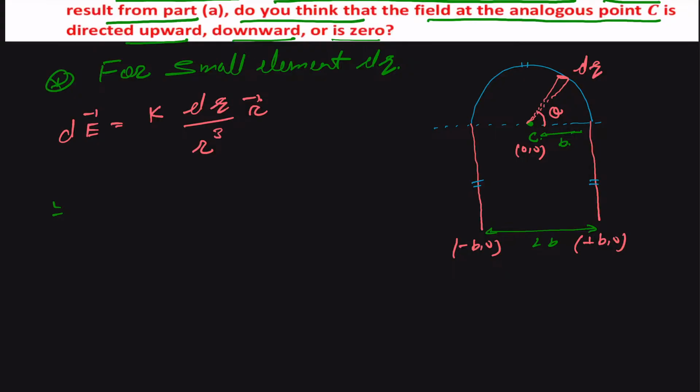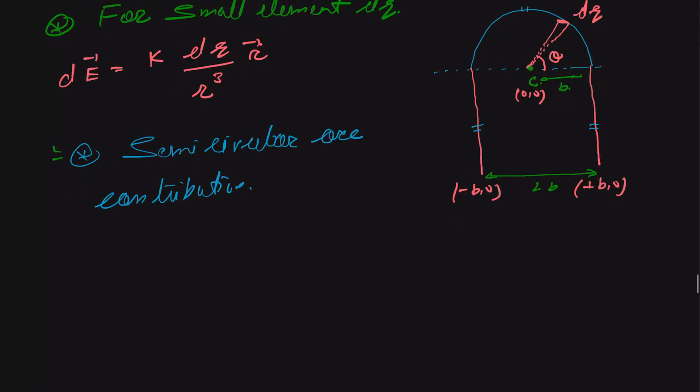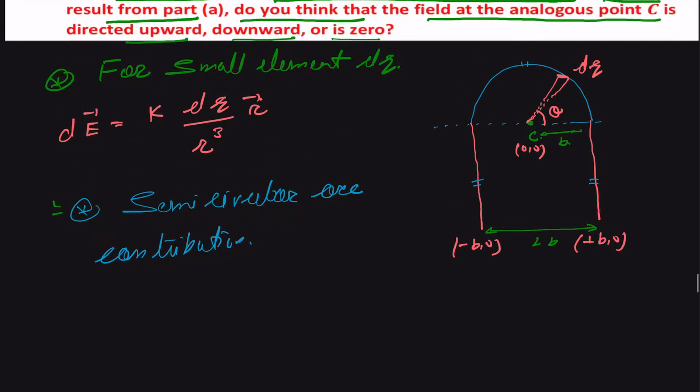And so we can say semicircular arc contribution. We have already said that we have considered a charge element, and let us suppose this element is our small element ds.